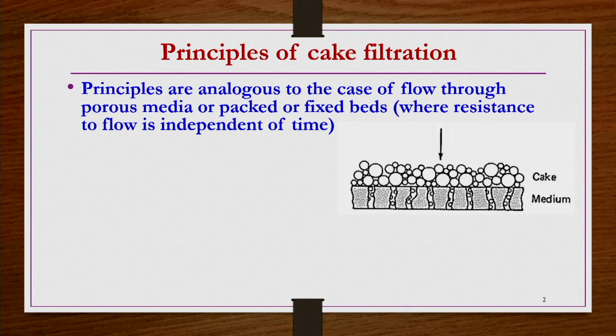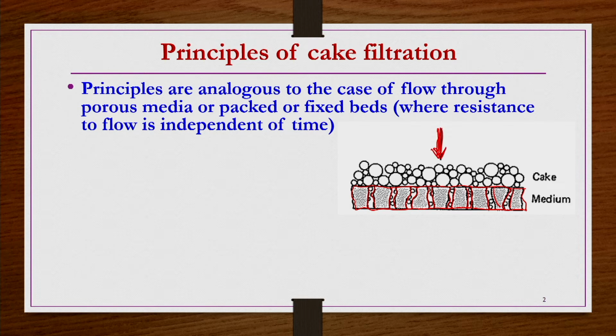Just to recapitulate, this is a filter medium for cake filtration. It has some kind of porous structure. These porous structures are shown as straight or slightly straight channels, but not necessarily straight; they can have interlinking between the channels.